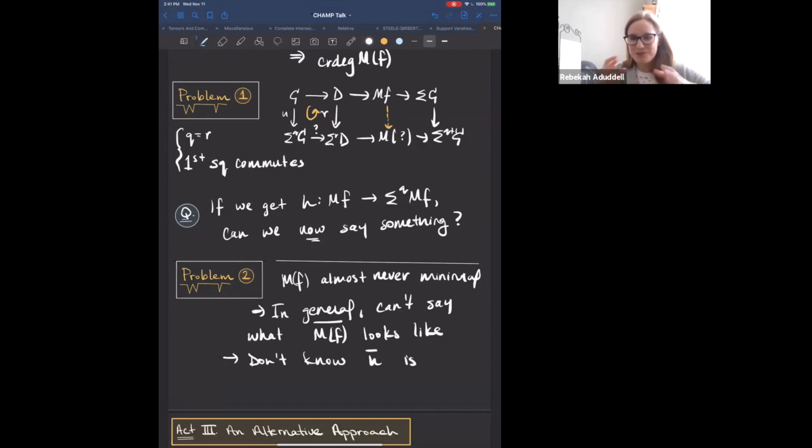Sometimes it feels like all hope is lost, but all hope is not lost. We have started taking an alternative approach. The first approach was to think, could we somehow say that a surjection on the endomorphism on the mapping cone would imply what it is on the induced endomorphism? We didn't really get anywhere with that.